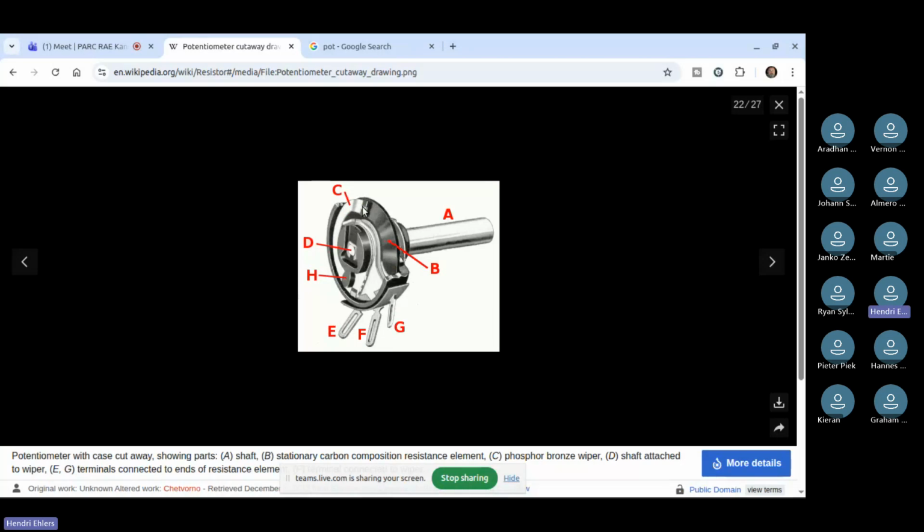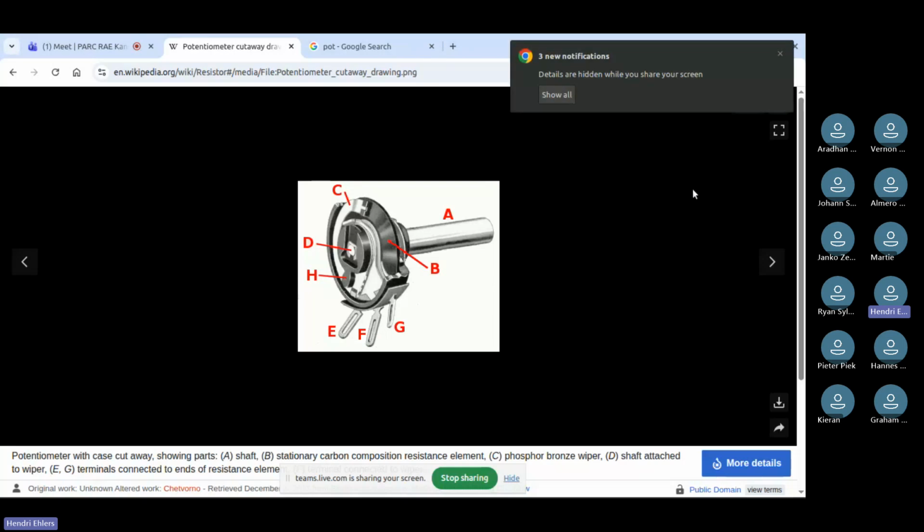The wiper is connected onto this little plate, and the shaft and the plate are attached. So as you turn this shaft, this plate slides around and varies the amount of resistance that you can measure over here. That is typically used as a volume control or a balance control, or your bench power supply's voltage control can typically be something like that.